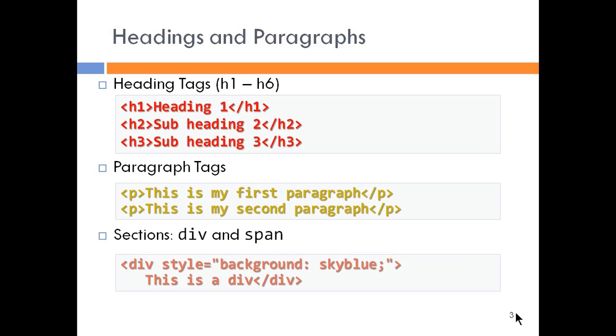We can apply a background color to the division, because we have selected the style background that is sky blue. The text written in this division is, this is a division. This text will be displayed in the division. Have you understood this?